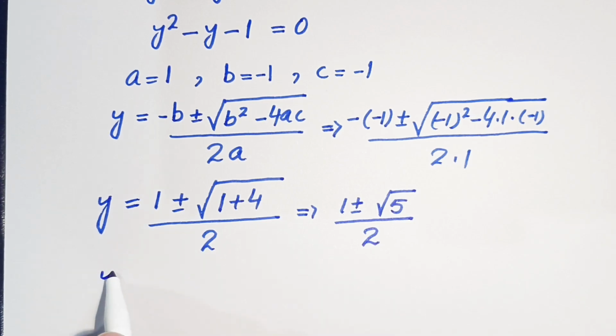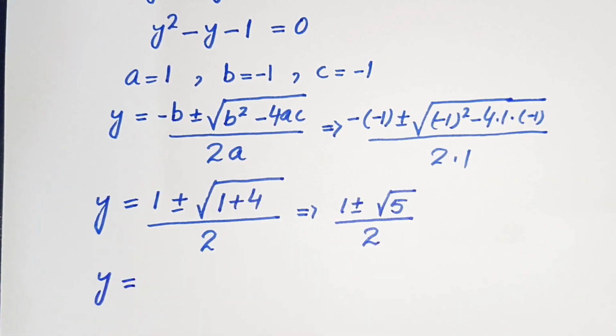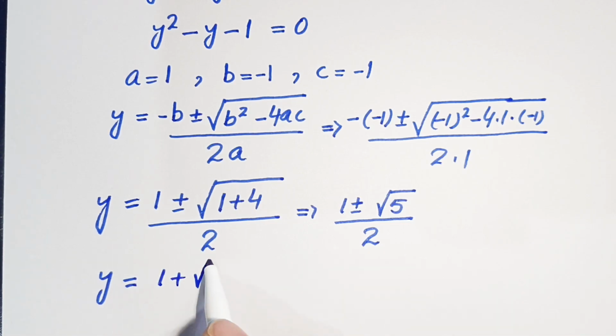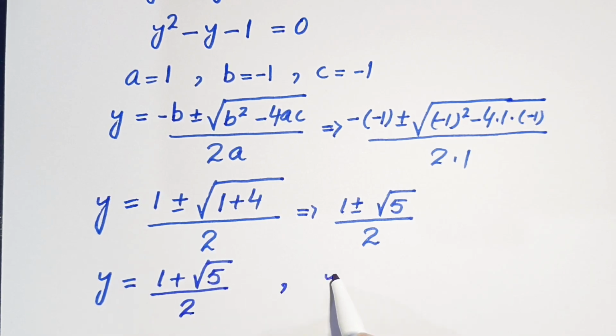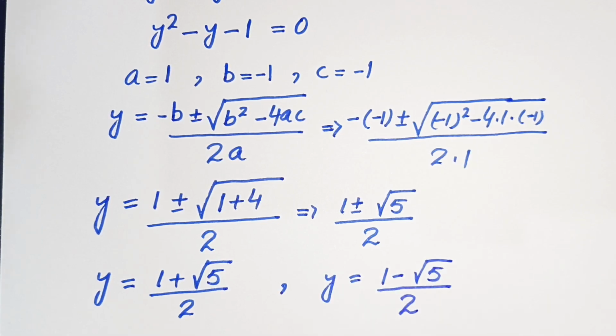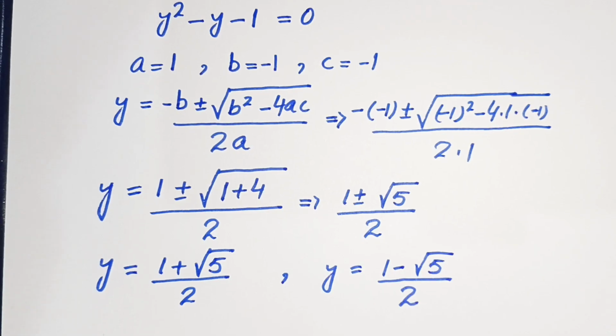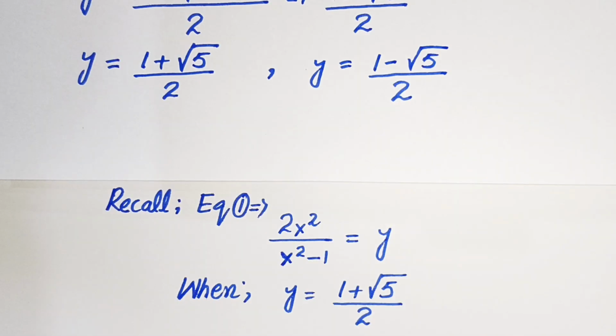So y is equal to, now we have two values of y. So if we write the first one, which is 1 plus square root of 5 all over 2, and our second value of y is equal to 1 minus square root of 5 all over 2. So now we are going to recall our equation 1. Here we have equation 1: 2x squared divided by x squared minus 1 is equal to y.